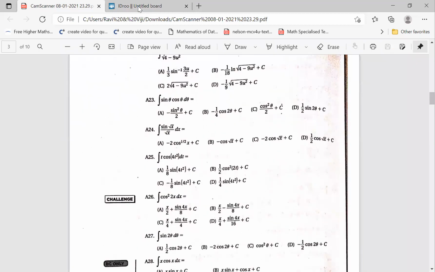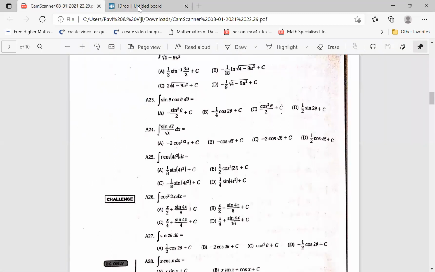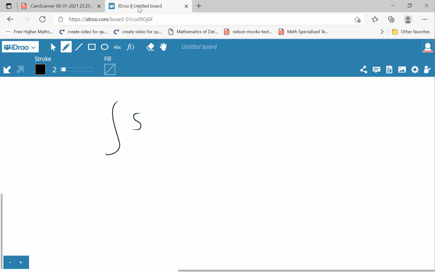Okay. Now coming to the 23rd one. Integration of sine theta cos theta d theta.